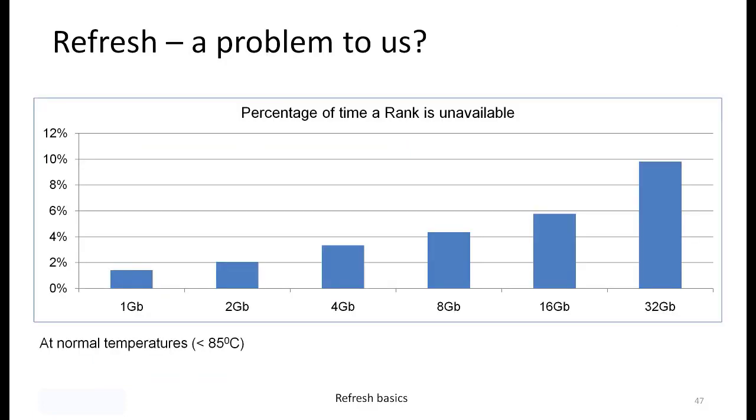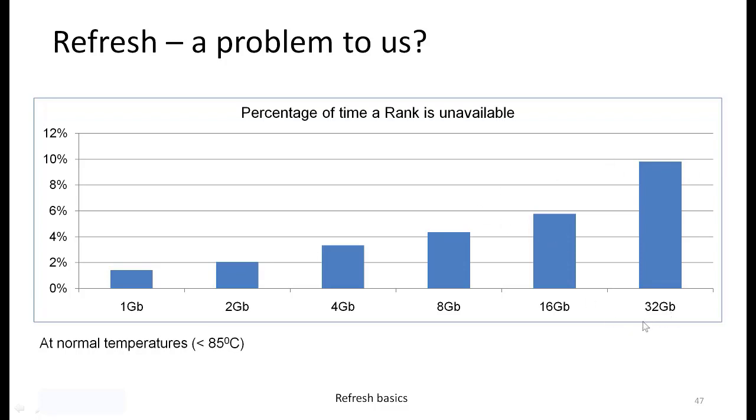Now, if we want to understand the time in terms of percentage, in terms of some numbers, as the device capacity increases from 1 gigabit to 32 gigabit, the amount of time we spend in refresh is increasing.